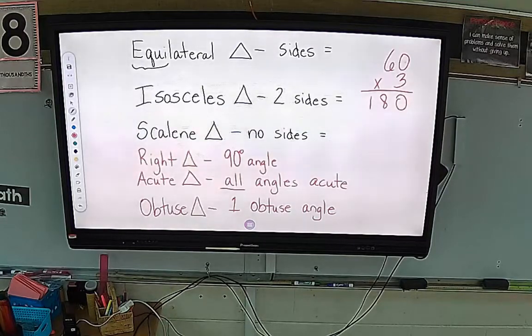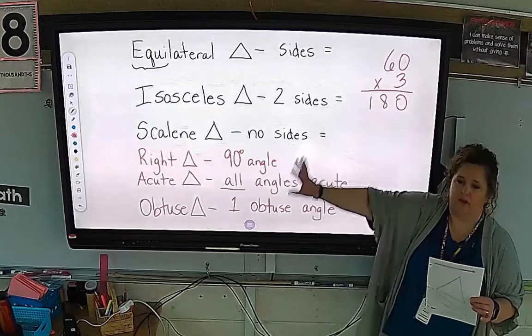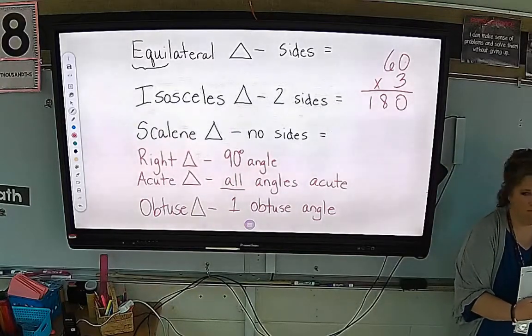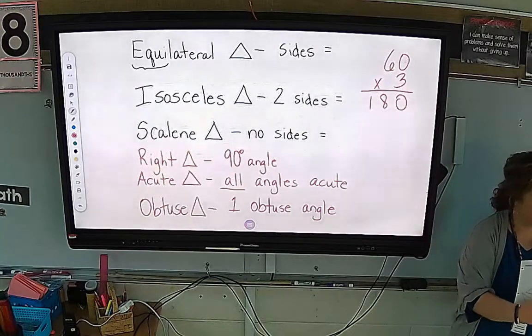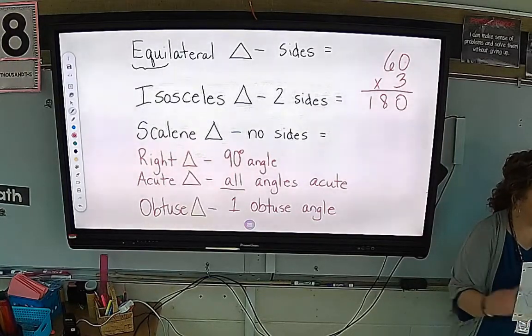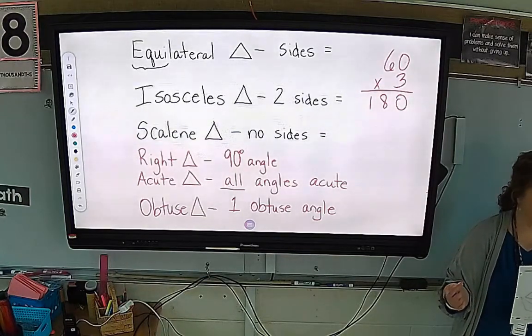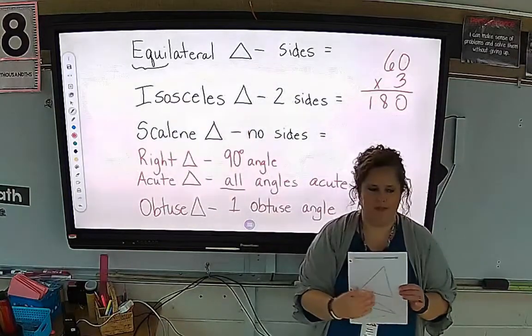No. These are about angles. These are about sides. If all of the angles are acute, it's what kind of triangle? It's an acute triangle. But all of the sides are equal length. So it's also equilateral. So this is an acute equilateral triangle.